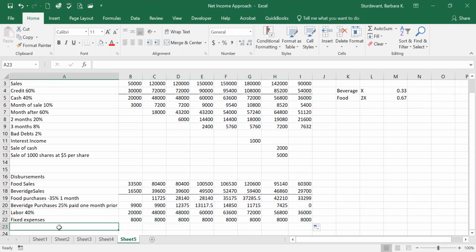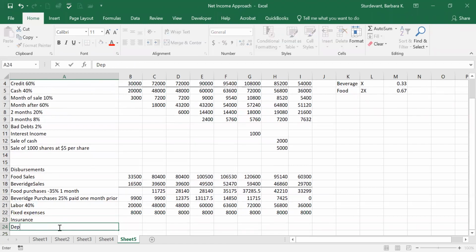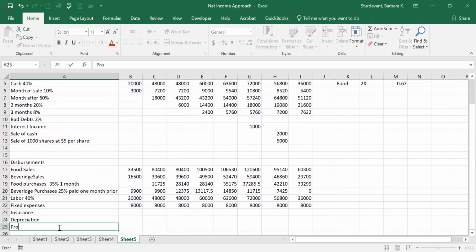So that means that we're going to deal with insurance, depreciation, and property tax.